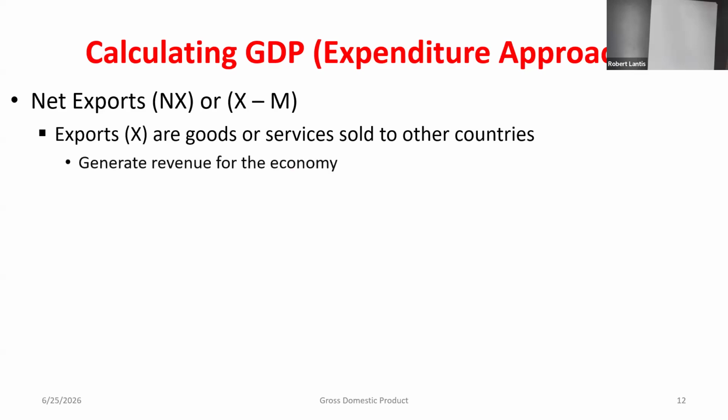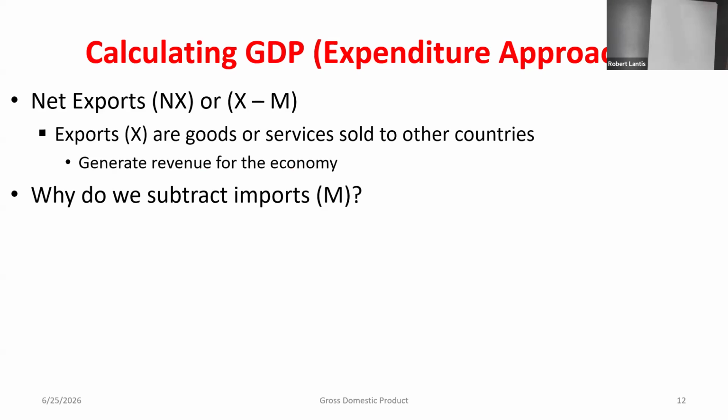On the flip side, yes, with imports, consumers are spending money, but that money is making income for other countries. So when we import goods, it's not production within our domestic borders, it's production from someone else. So we don't want to include that in GDP, which is why we subtract it.